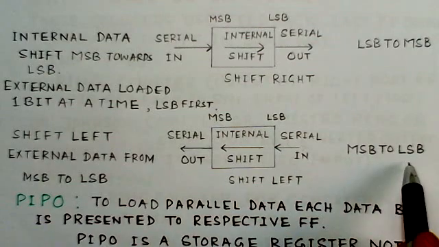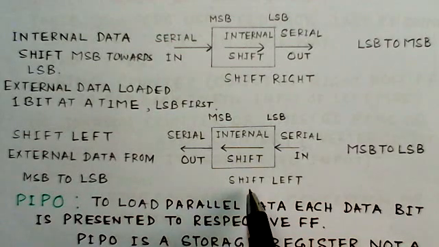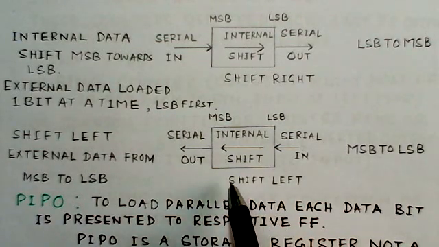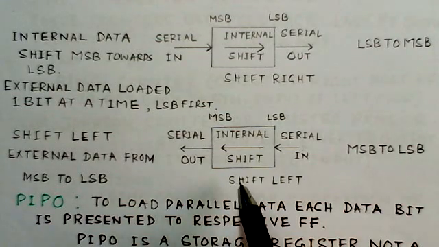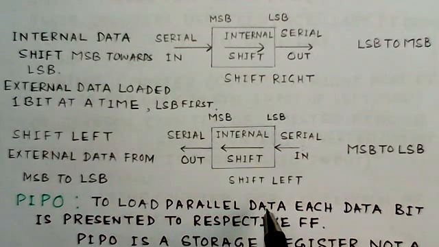So that's why we call it MSB to LSB. So depending upon the direction of shift in the shift register, it will determine how the serial data would get entered into the shift register. Okay.